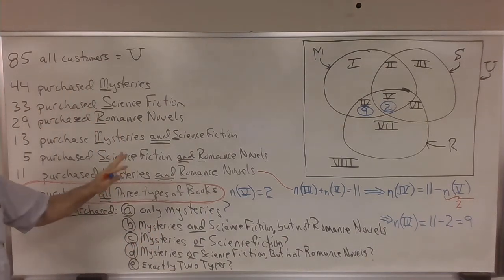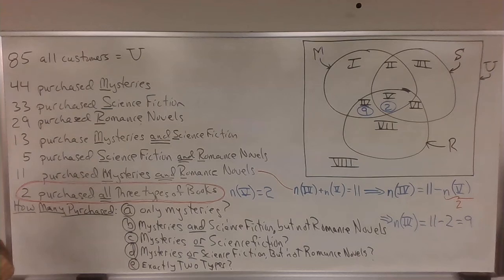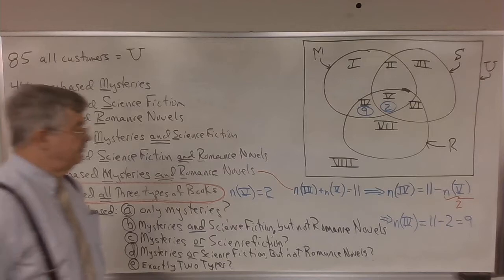Now, I'll leave this up for just a second so that you can look at it, write some things down. And then we're going to use some other clues. Okay. I guess if you need more time, you can hit the pause button.